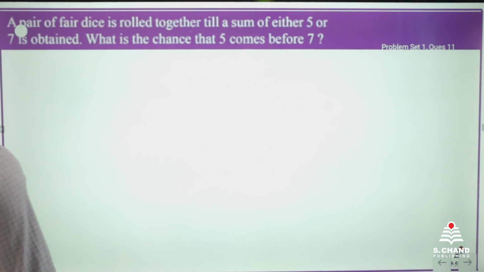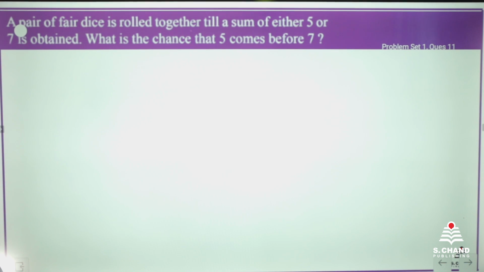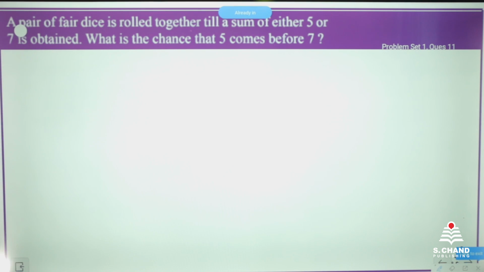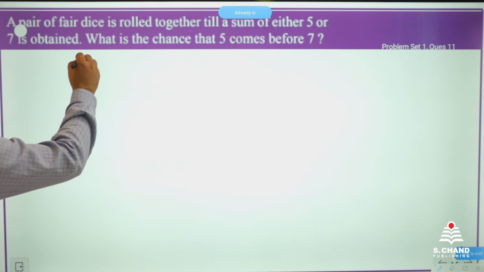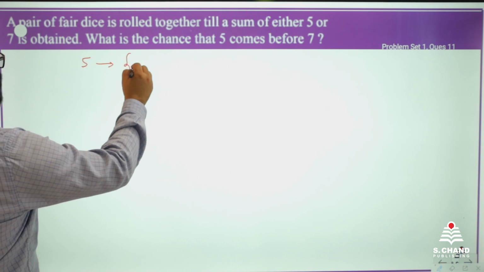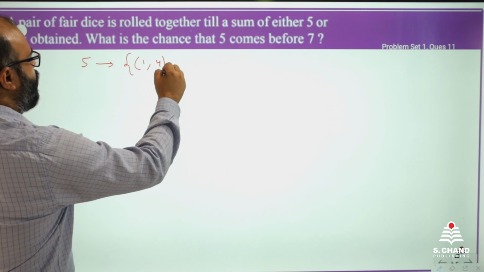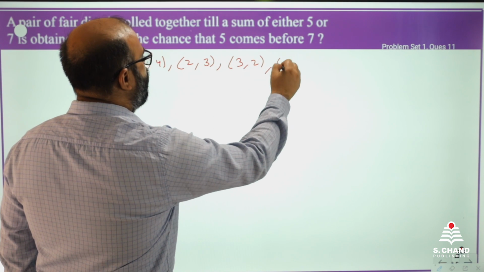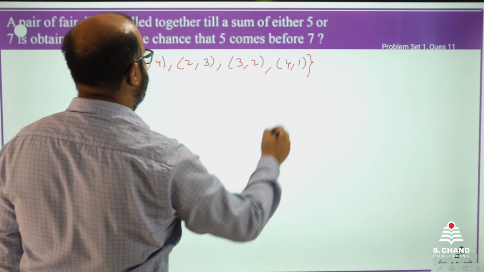A pair of fair dice is rolled together till a sum of either 5 or 7 is obtained. What is the chance that 5 comes before 7? So let us say when 5 will occur. 5 will occur if we get (1,4), (2,3), (3,2), (4,1), like this.